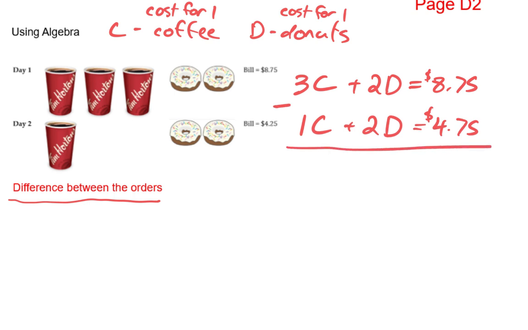And notice that, oh, I made a little mistake here. I'm going to come back and erase this. This should be 425 rather than 475. That's a little better.